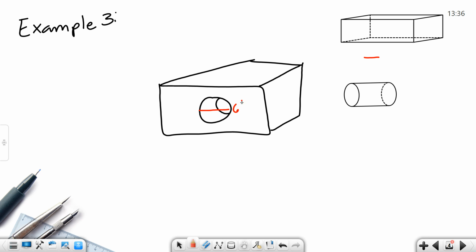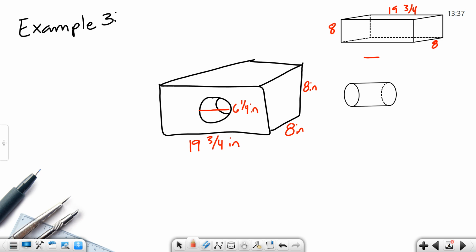If I tell you that the diameter here is 6 1/4 inches, and that this has a length of 19 3/4 inch, and this is 8 inches, and this is 8 inches, what would our volume be? Well, we have 8 and 8 and 19 3/4.